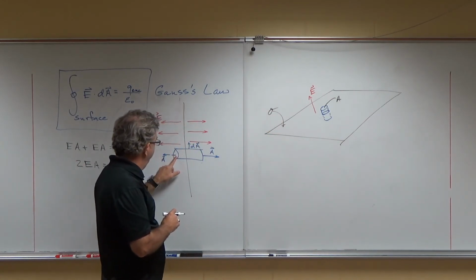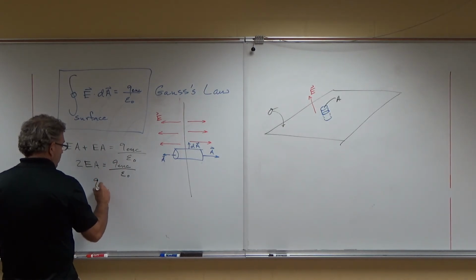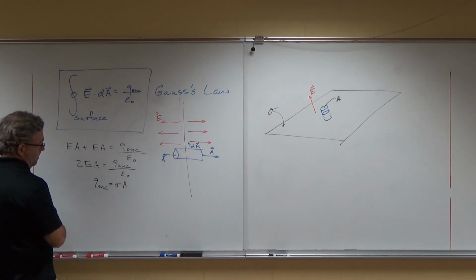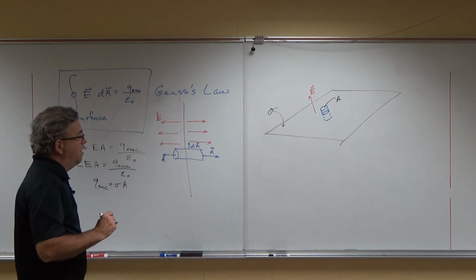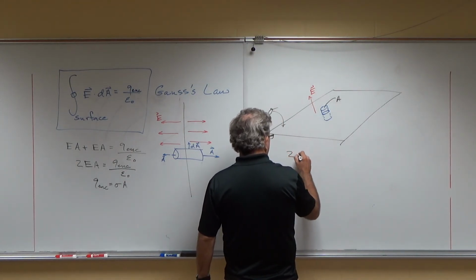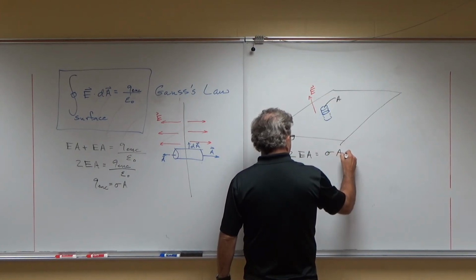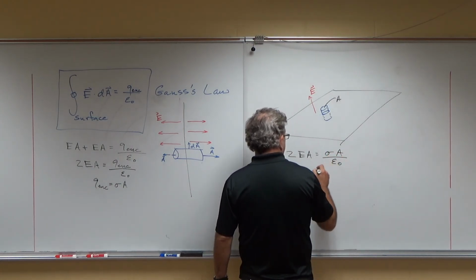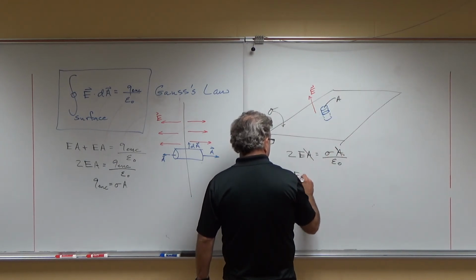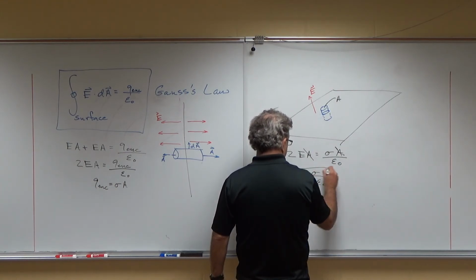So Q enclosed is equal to sigma A. Let me rewrite it up here. So I get 2EA is equal to sigma A over epsilon naught. The area cancels and you get E is equal to sigma over 2 epsilon naught.